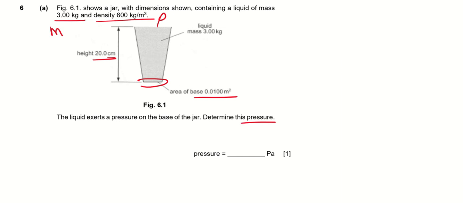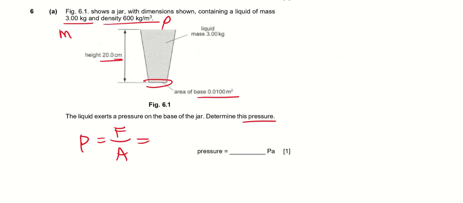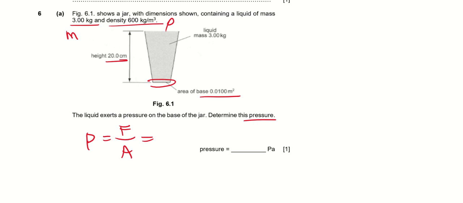Determine this pressure. Now this is contact pressure, so pressure equals force over area. Basically I cannot do that because I don't know the volume. Or can I do that? I can. What is the total weight?